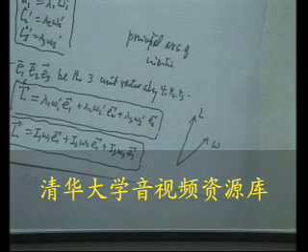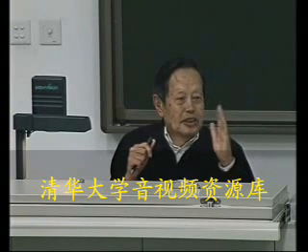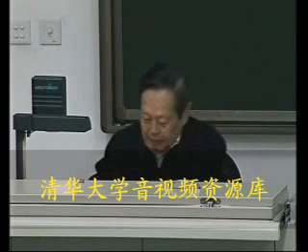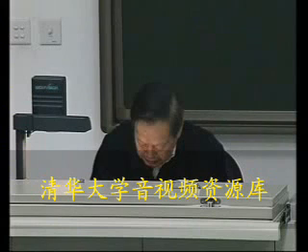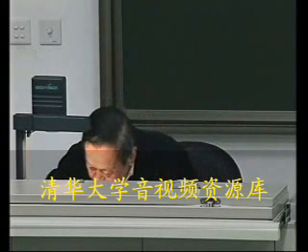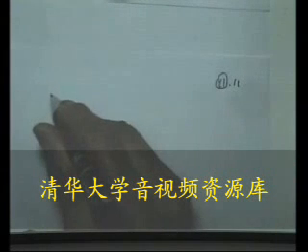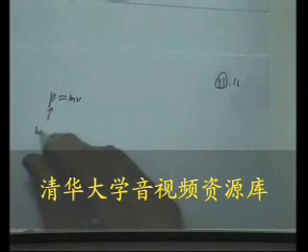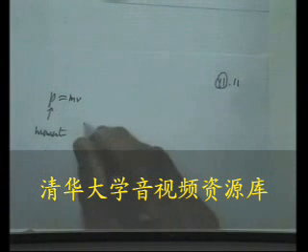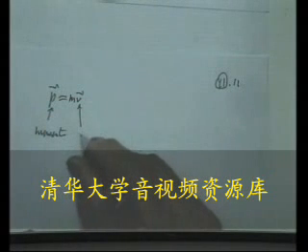In linear motion, P, the linear momentum, is equal to m times v. V is velocity.